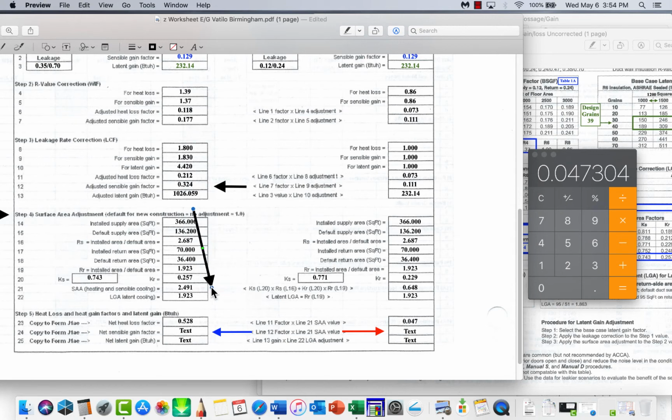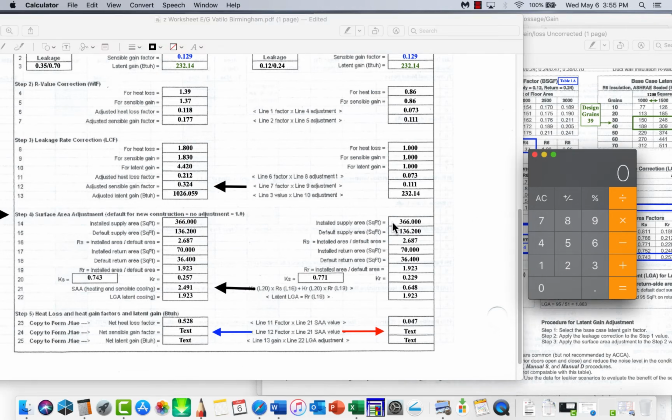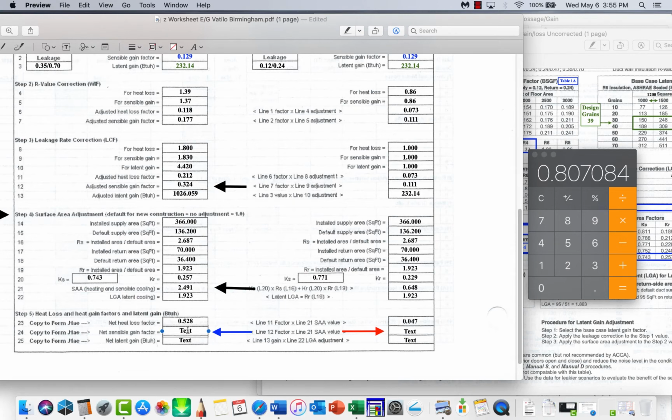And line 21's right there. So we will multiply these two together. So first one up here is 0.324 times 2.491. And there we go. 0.807.